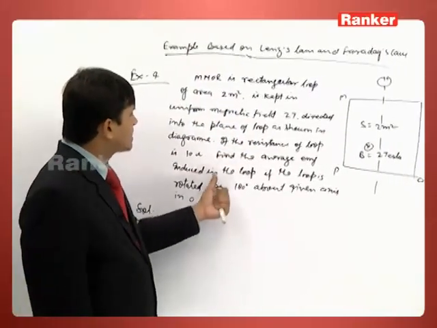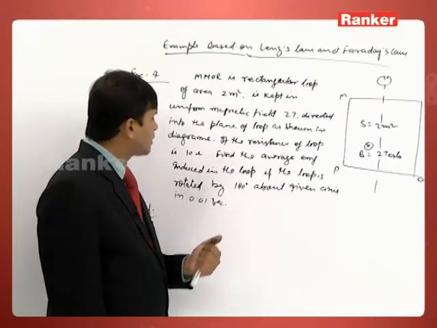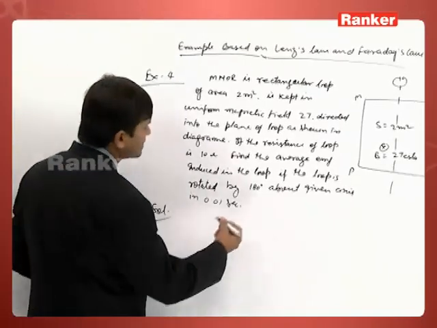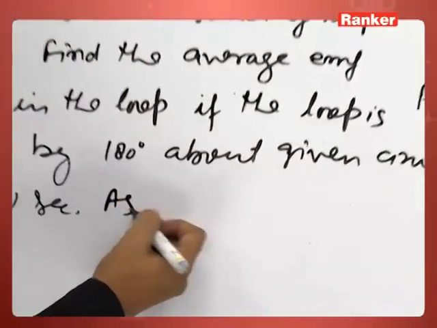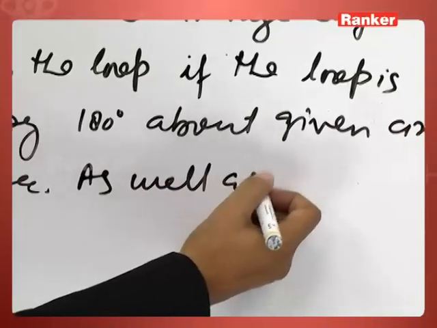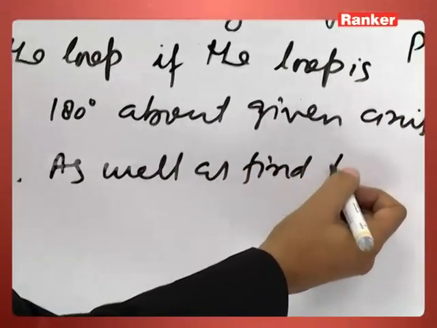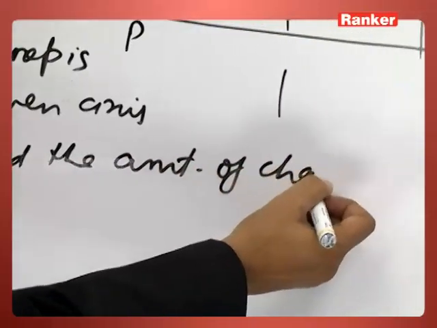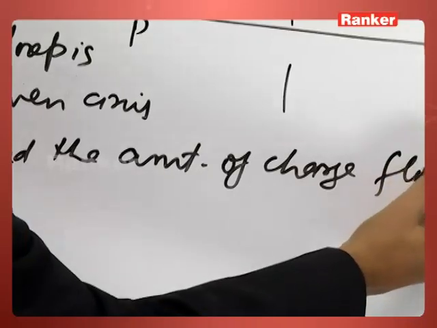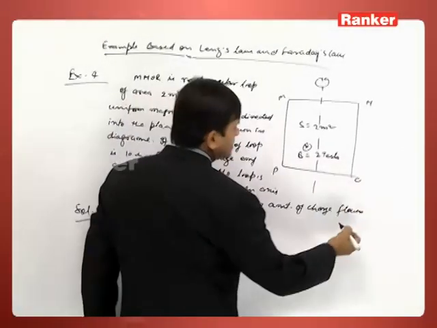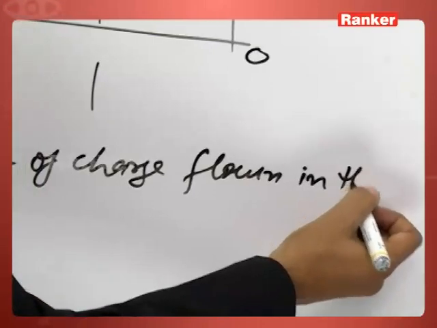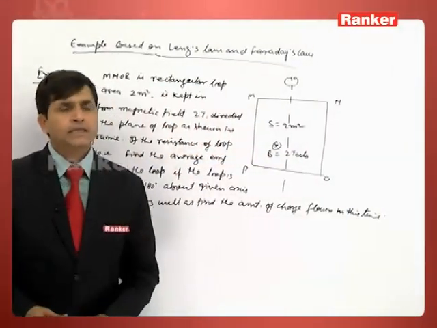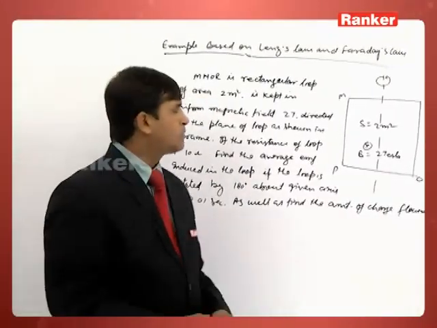So they are asking how much average EMF develops, and one more thing we can add: find the amount of charge flown in this time. This also can be asked. So anything they are asking, we can calculate.